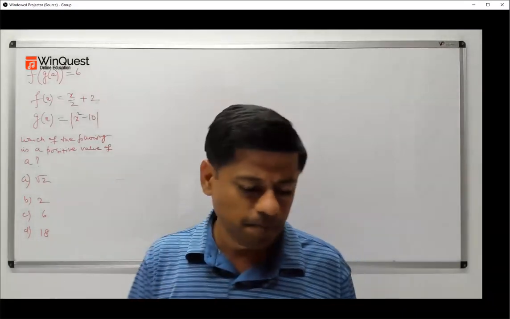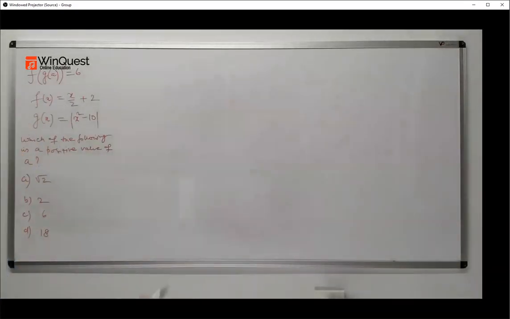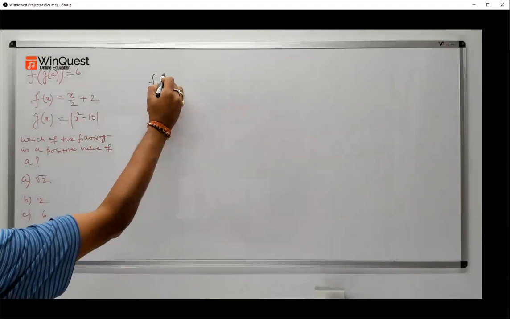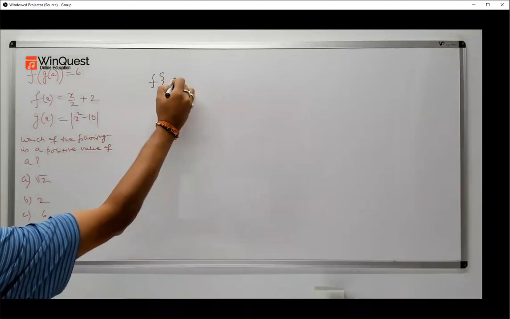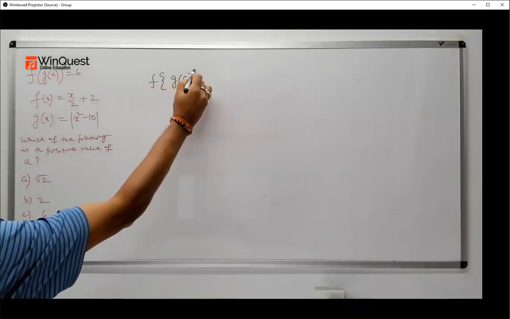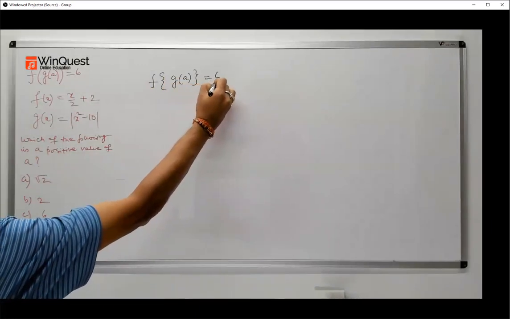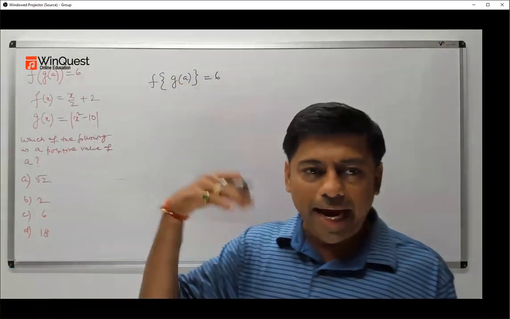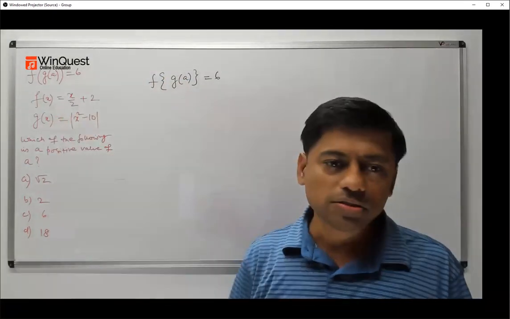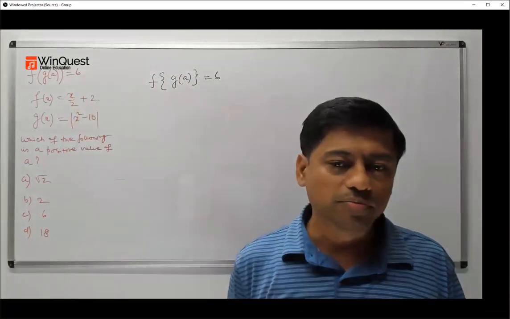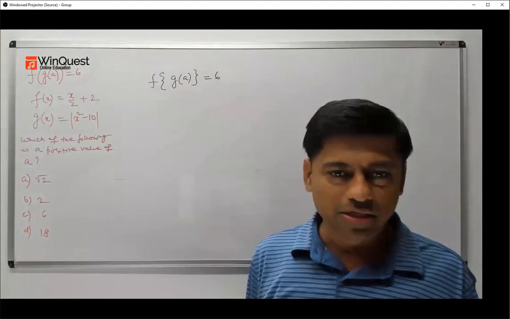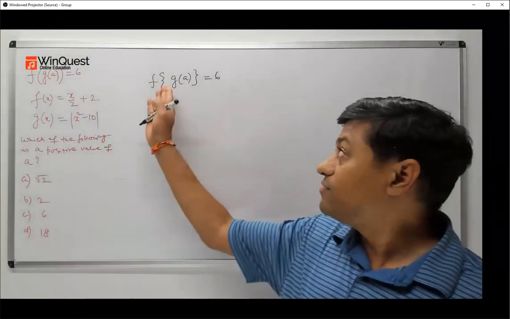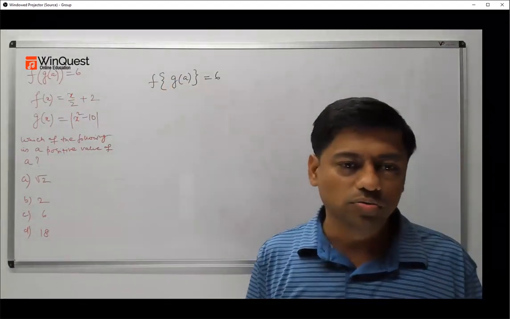Okay, good. Now, f of g a has been given as some value already. Then the idea is you have these functions in expression forms, absolute value, whatever expression, and you have this relation also given to you.